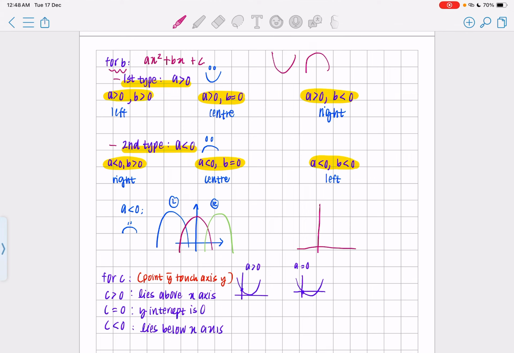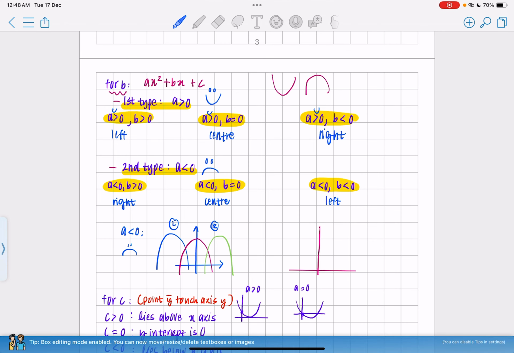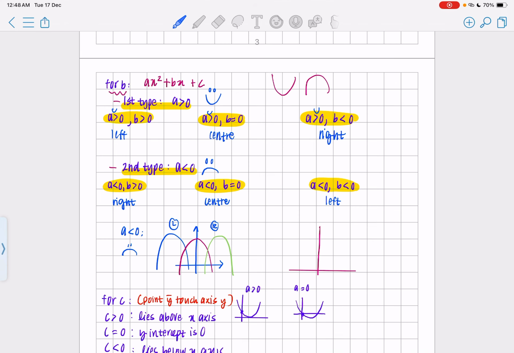So I'm gonna draw for you this one, and then I'm gonna have A more than 0, so all smiley. But when I have A more than 0, B more than 0, the graph basically will be at the left. Okay, kat kiri. So dekat sini.